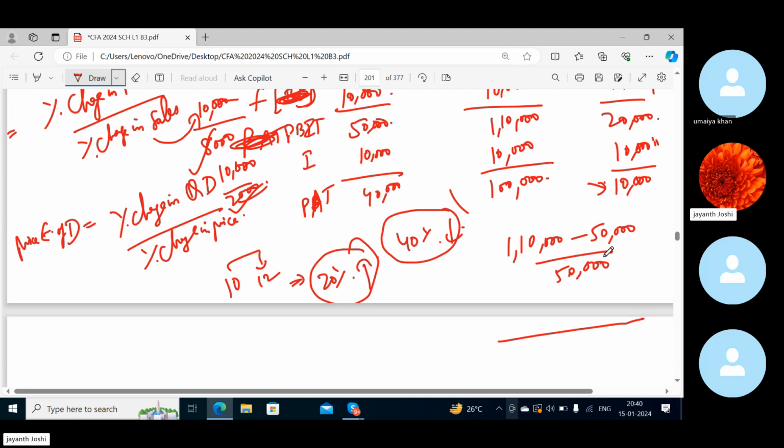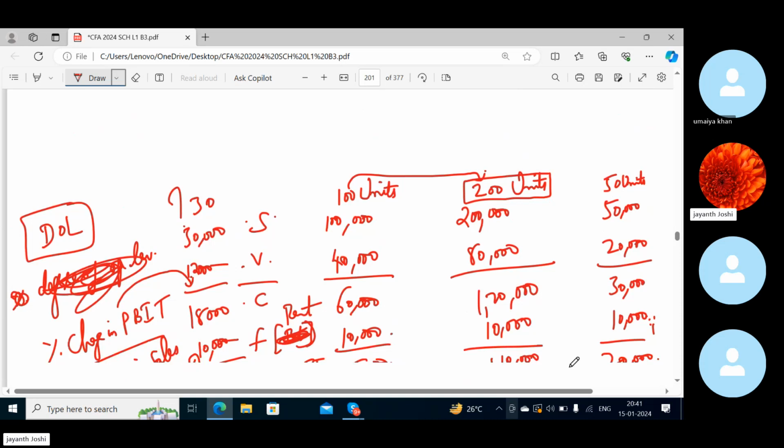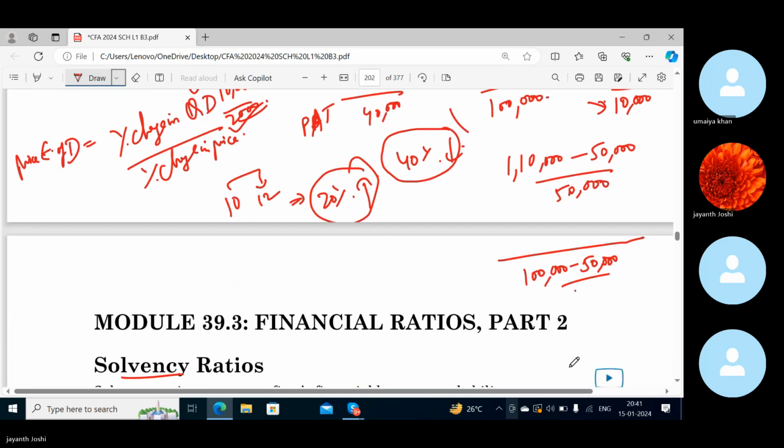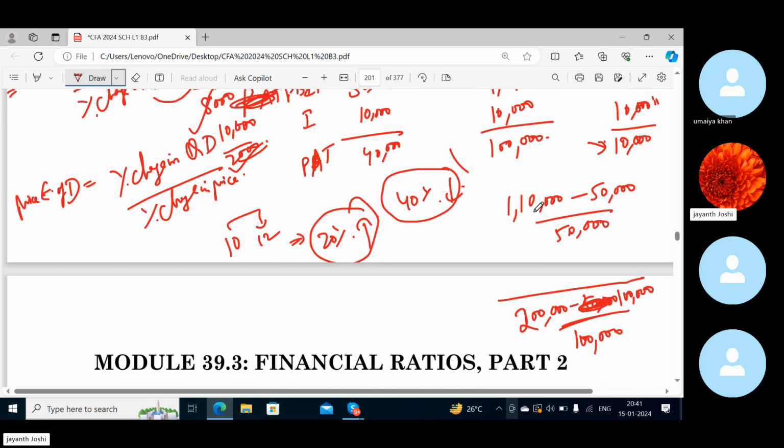Here this is the change in PBIT. I am going to see the change in sales. Change in sales is 2 lakh minus 1 lakh, divided by 1 lakh, so this is 100%. And 110 minus 50 is 60. 60,000 divided by 50,000, whole divided by 1 lakh by 1 lakh.